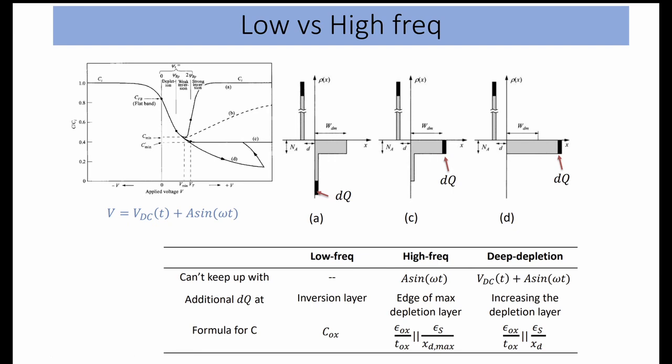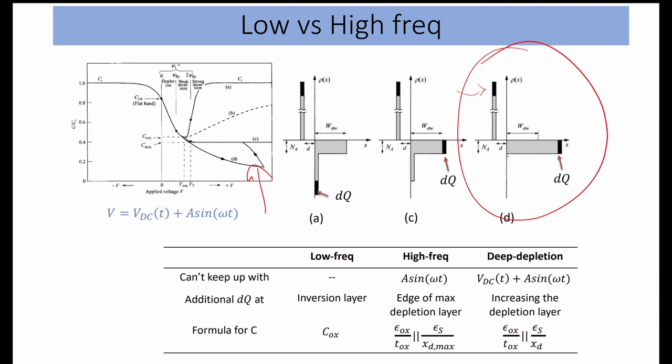Yeah, it is shown here, case number D. So in the metal there is abundance of electrons, so there is no problem, they can move easily.